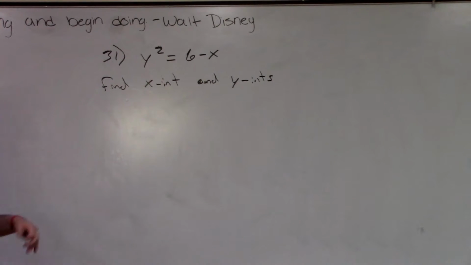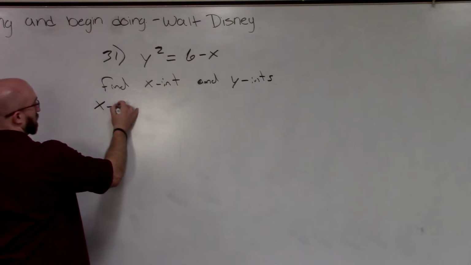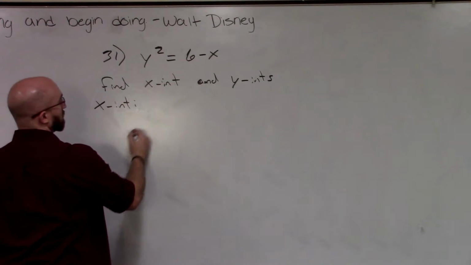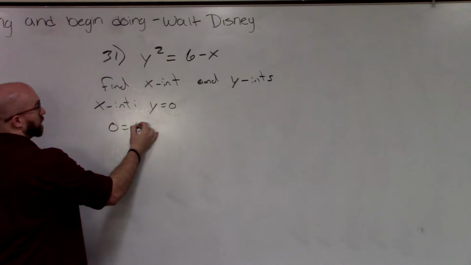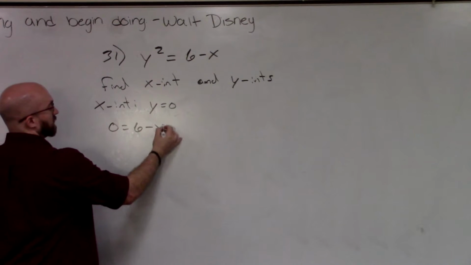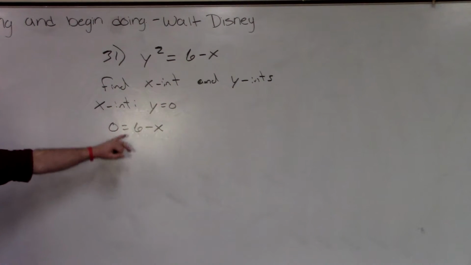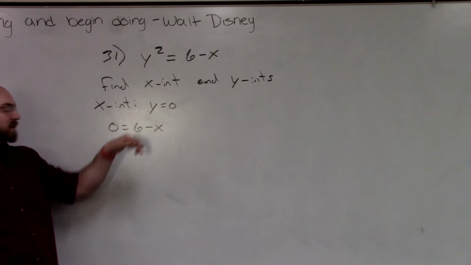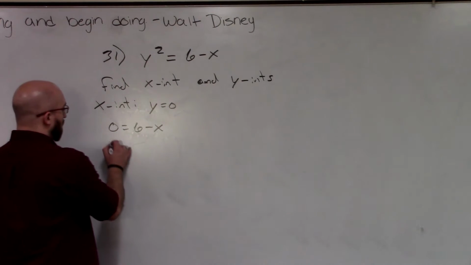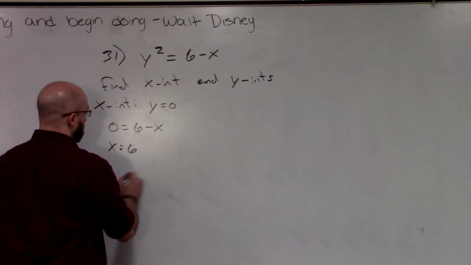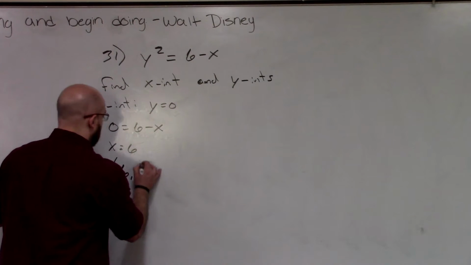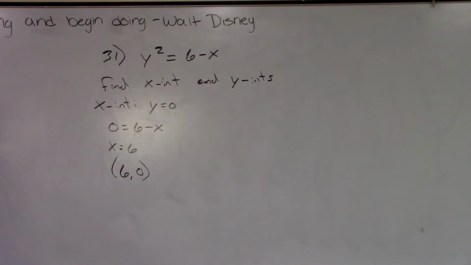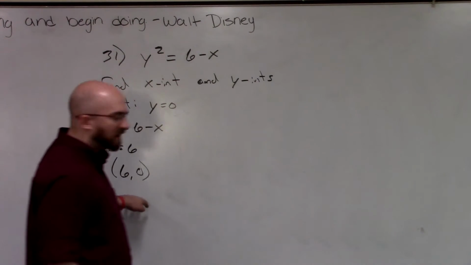So let's find the x-intercepts first. We set y equal to 0, so we get 0 equals 6 minus x. Normally we move the 6 over. This time we move the x over because it's just added over. So x equals 6. Our answer would be (6, 0) for our x-intercept. I didn't put that on the last problem, but that's basically how it would look.